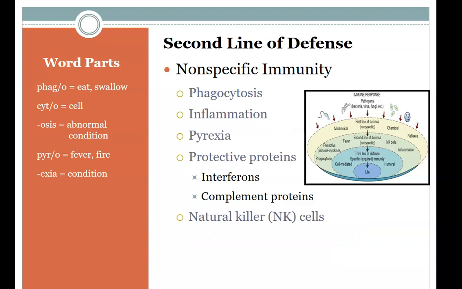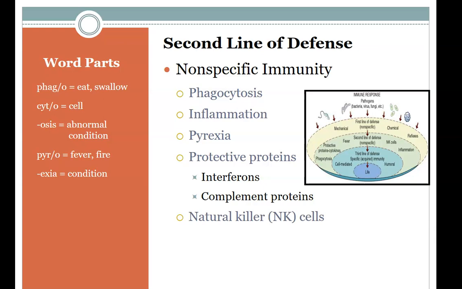The second line of defense comes into play if the pathogens make it past the first line of defense. These would include phagocytosis, which is the neutrophils and monocytes. Inflammation is heat, swelling, redness, and pain. Pyrexia is fever.